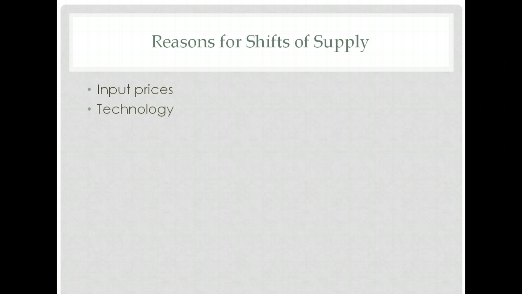If technology makes it significantly easier to produce something, then you might produce more. Expectations, if you have feelings about what's going to happen in the future. For example, if you feel like there's a product that's going to come out in the market that's going to replace your product, you might be willing to sell your product for a lot less right now just to get rid of them. And also the number of sellers. How many people are actually producing the good would affect how many are being supplied at a certain price.